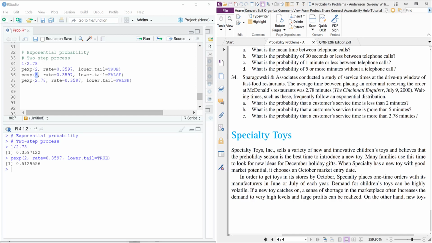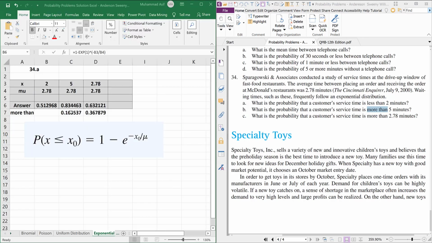So the question is asking about the upper tail or the right tail, so we'll say lower tail, no, it's false. And then when I run this command by pressing Control Enter, that gives 16.55%, and that's exactly the same probability that we also obtained in Excel.